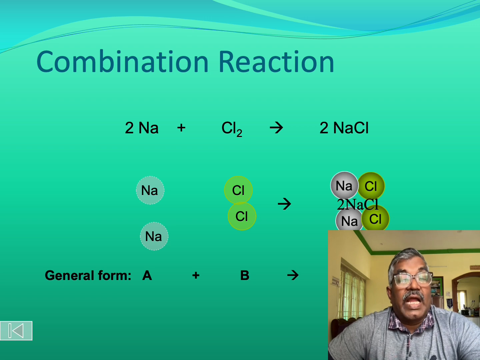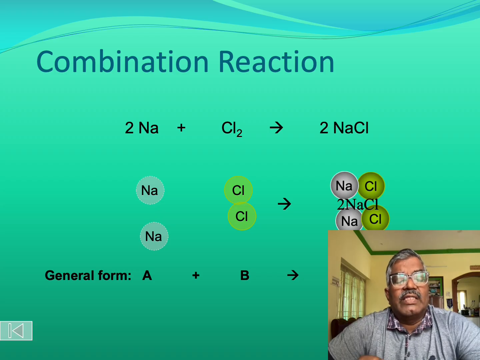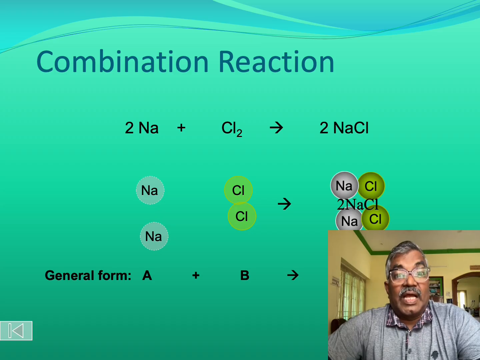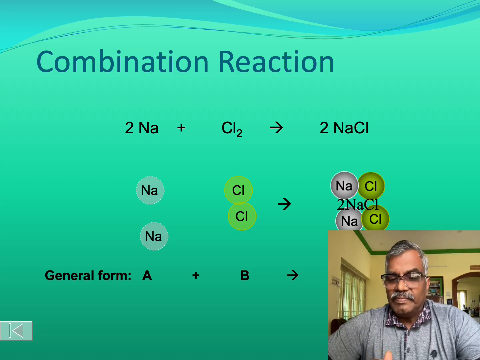2Na, and you can see bond breaking and new bond formation here. Chlorine gas is made up of 2 atoms of chlorine, and there is a chemical bond between the chlorine atoms, and new bonds are formed between sodium and chlorine in NaCl.